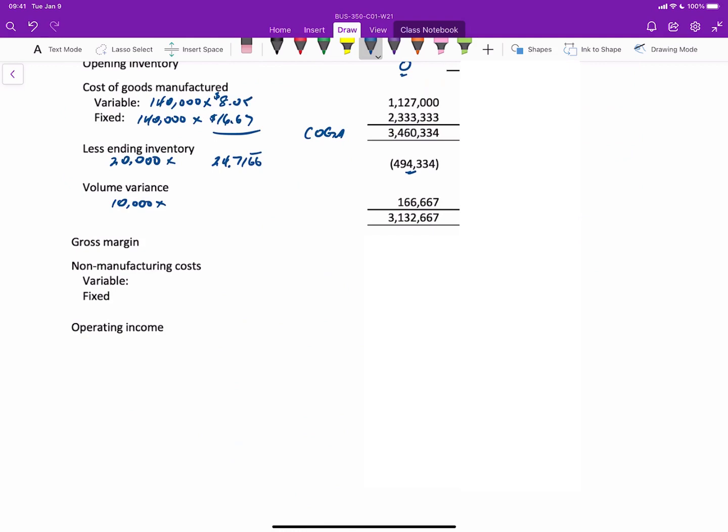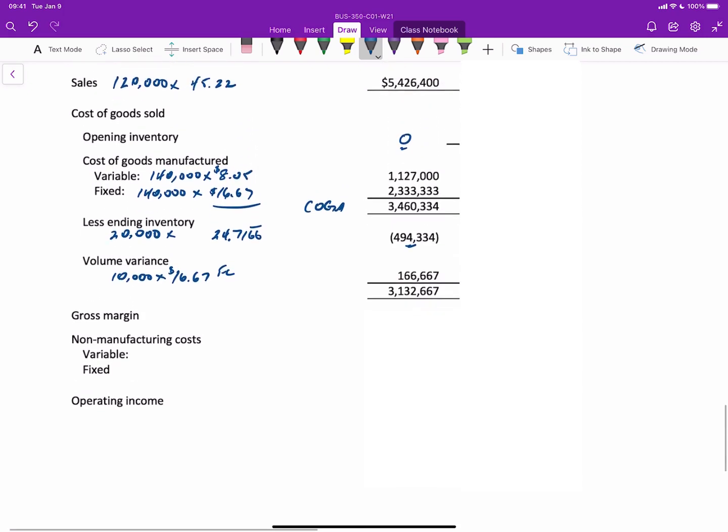And I'm going to multiply that by the 16.67 fixed costs only, because the volume variance only relates to fixed costs. So that gives me 166,667, and therefore cost of goods sold is 3,132,667, and that gives gross margin of 2,293,733.